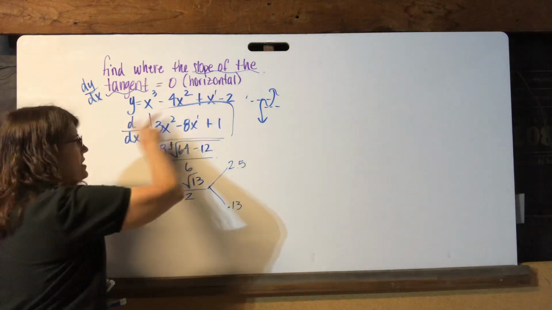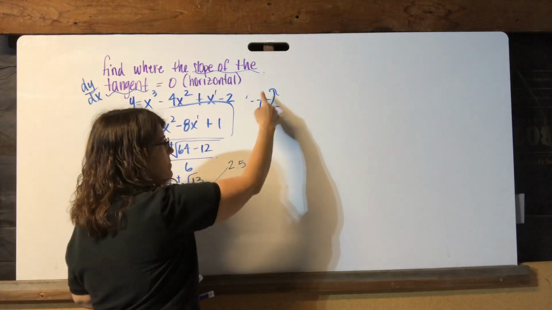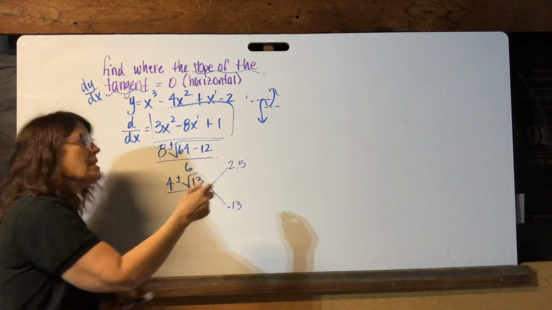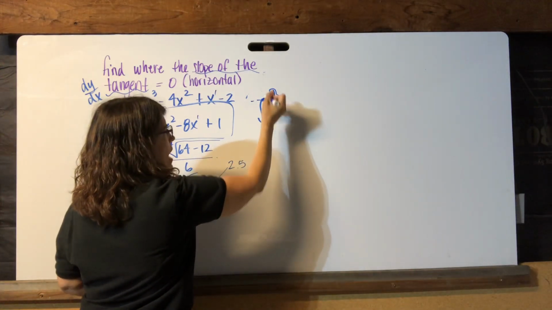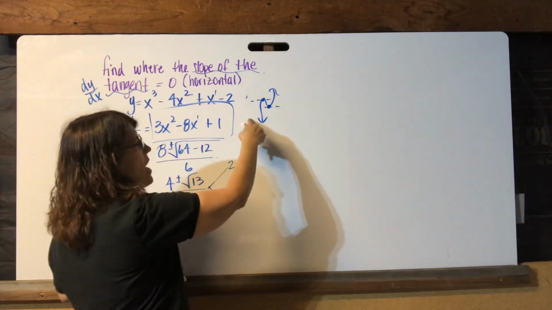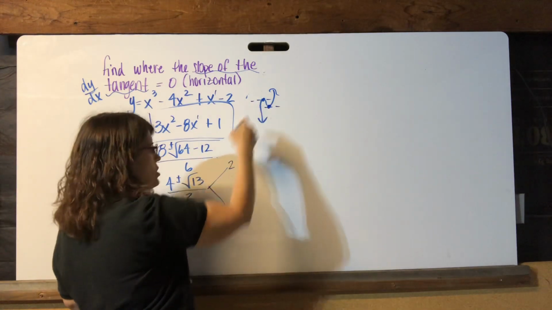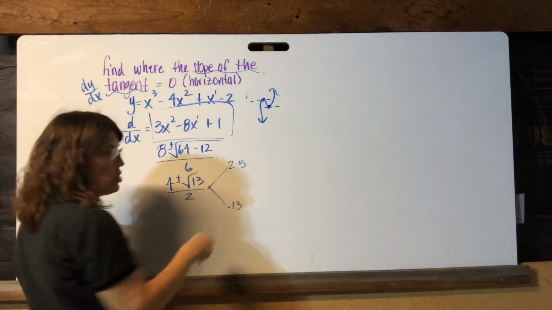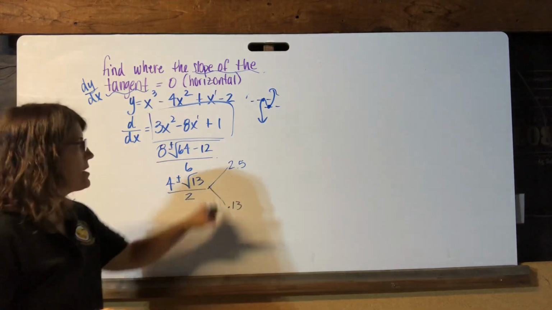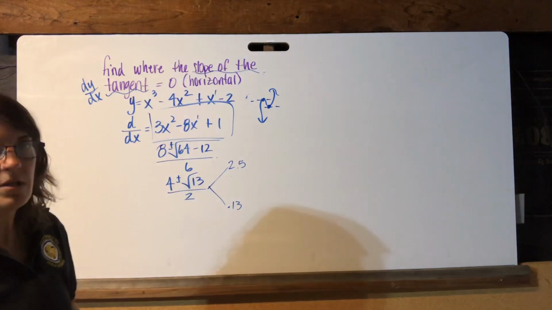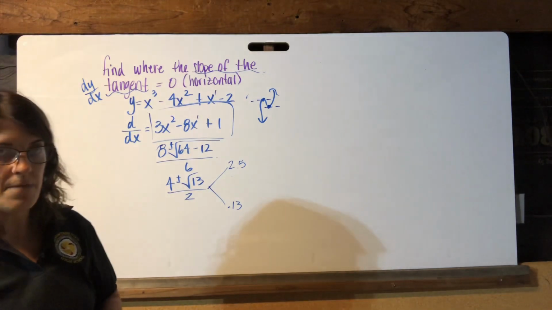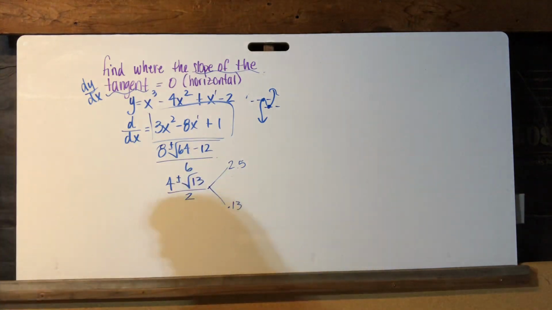It looks something like this, and you'll see that there are 2 points here and here. And if you look, the x values associated with those 2 points are about 2.5 and 0.13. This looks like it could be a realistic answer. So I recommend plugging into your calculator, making sure that it looks good.